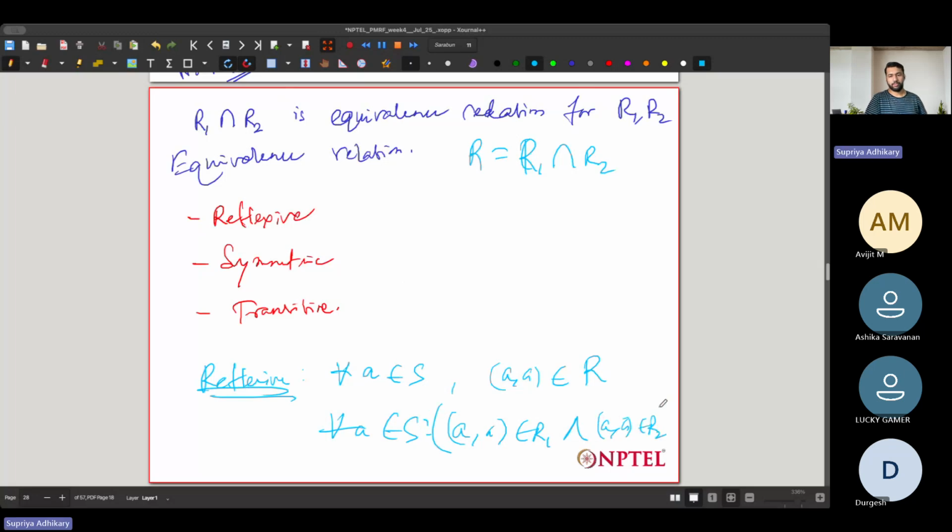Since this is known, this implies that AA belongs to R1 intersection R2, because this was the definition of intersection. If AA belongs to R1 and AA belongs to R2, then it should also be in the intersection of these two sets. So for all A in S, this is true, and therefore this relation is reflexive.